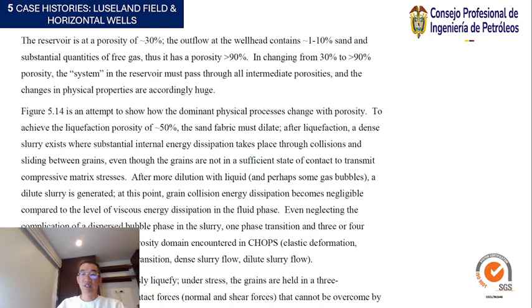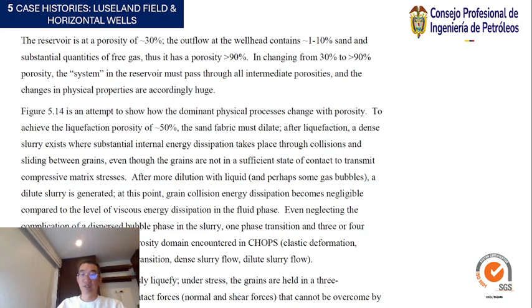Even neglecting the complexity of a dispersed double phase in the slurry, one phase transition and three or four separate regimes exist in the porosity domain encountered in CHOPS.